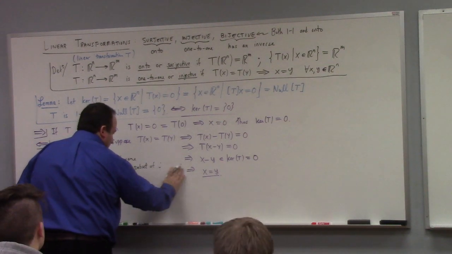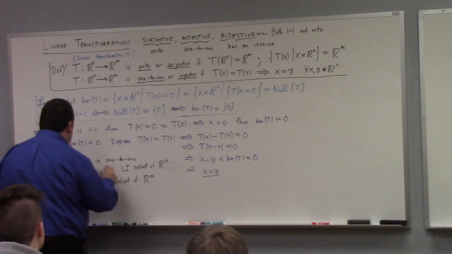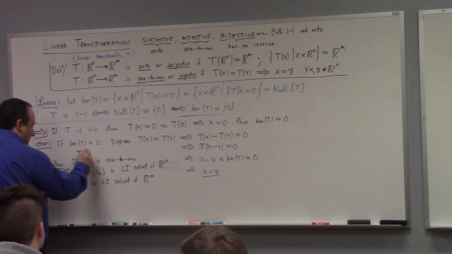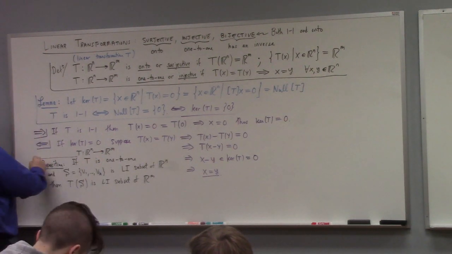Let me just be civilized and say R^n and R^m here. Let's suppose that T is a mapping from R^n to R^m like we've been doing the whole rest of the lecture. So let me stop not doing that. Proposition.